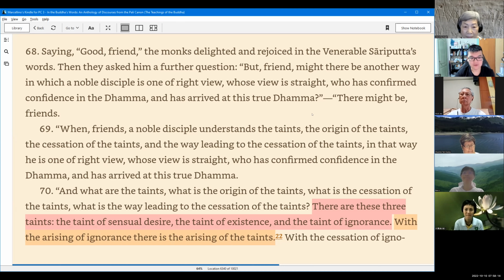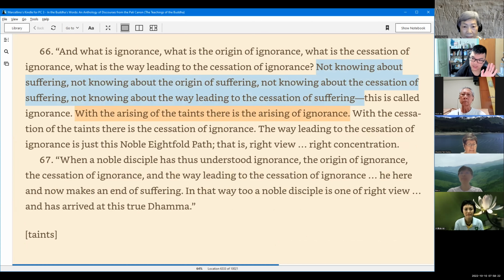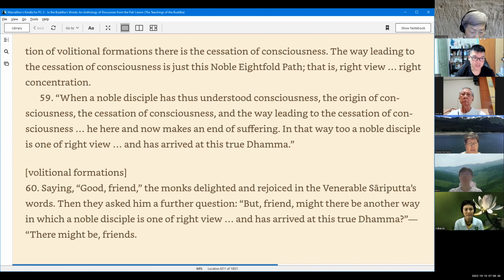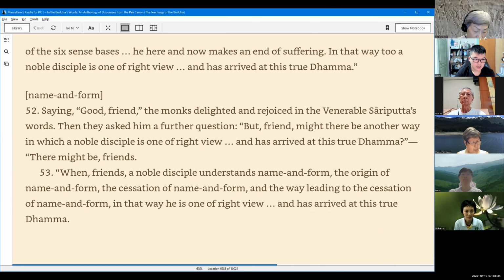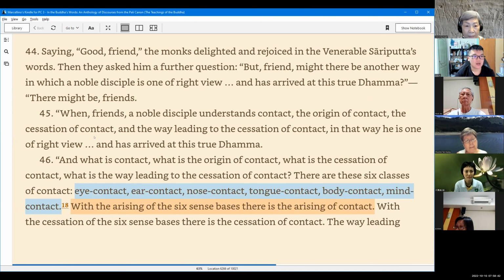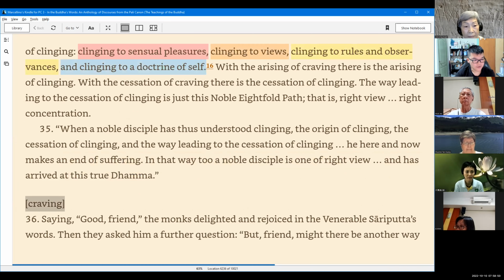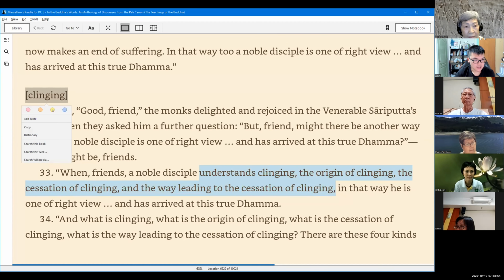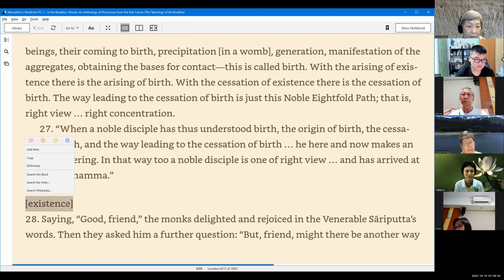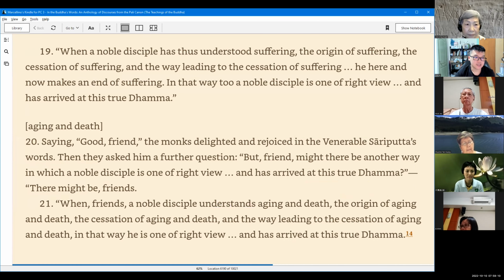So maybe we take a quick look at what we have read. The last part, we covered taints. Before taints, we read about ignorance, and then volitional formations, consciousness, name and form, six sense bases, contact, feeling, craving, clinging, existence, birth, then aging and death.